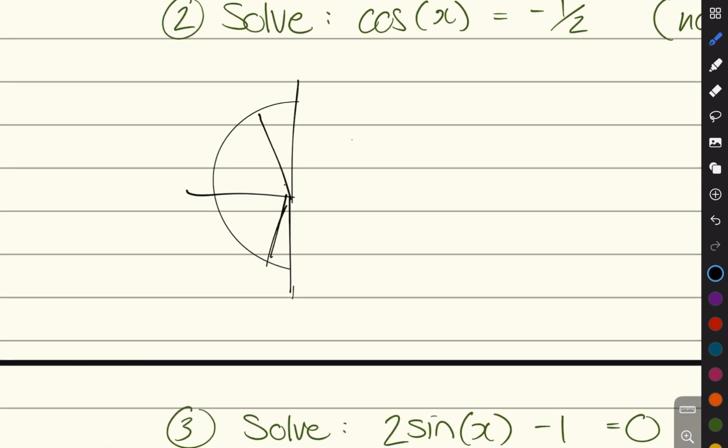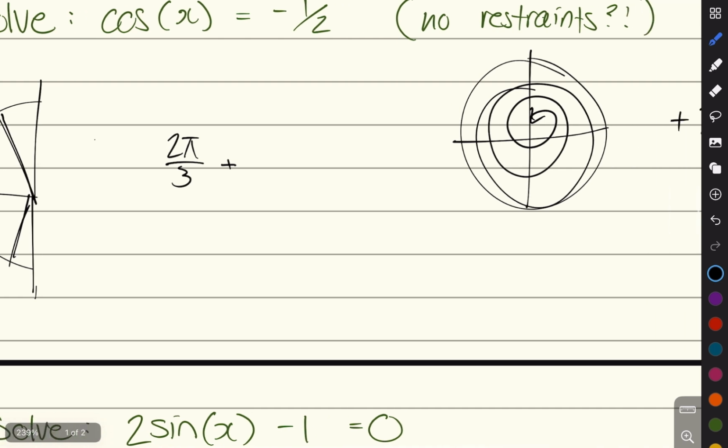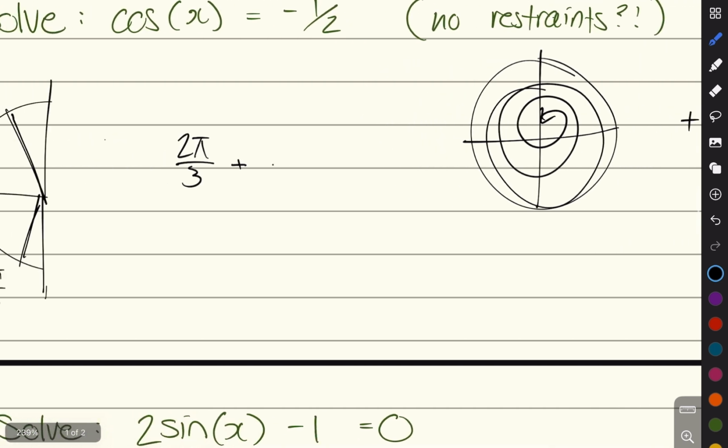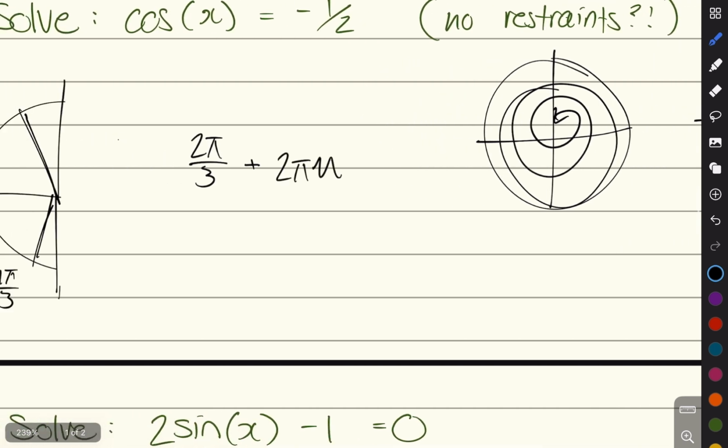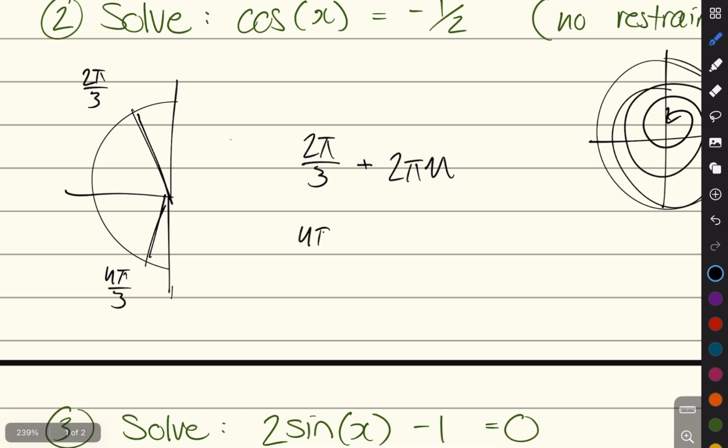And we see that cosine is negative 1/2 when we're at the radians 2 pi over 3 and also 4 pi over 3. So the two answers would be 2 pi over 3 plus 2 pi n and also 4 pi over 3 plus 2 pi n.